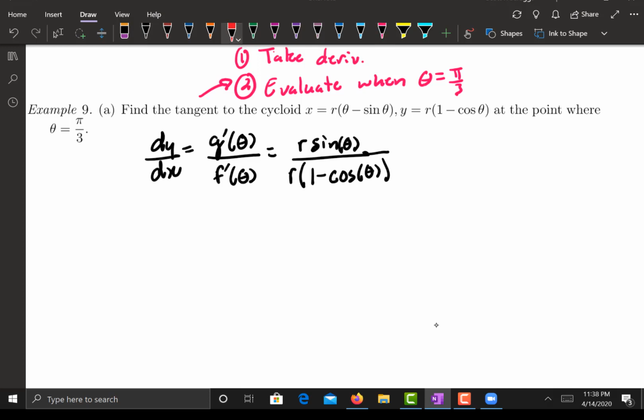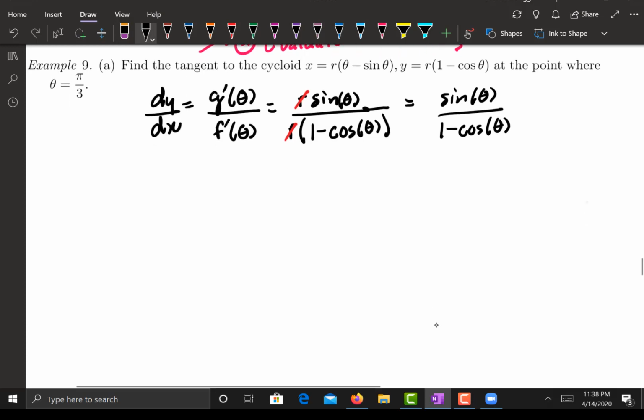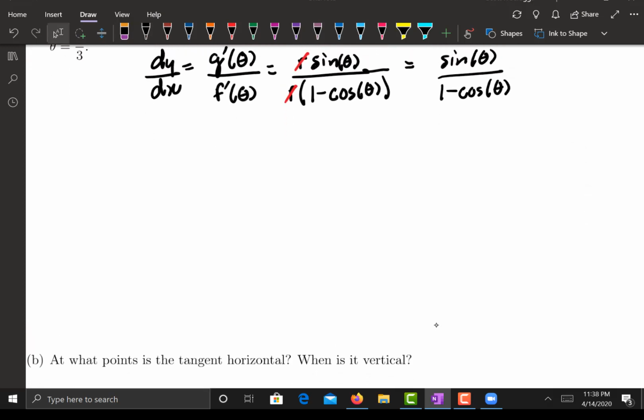Now I see that I have an r on the numerator and denominator, so I get to cancel those out, leaving me with sine of theta over 1 minus cosine of theta. So there's my derivative, and now I'm going to plug in pi over 3 for theta. And what I get is, well, first off, let's go ahead and list out what I get for x and for y.